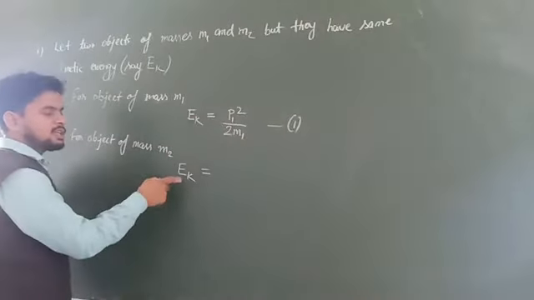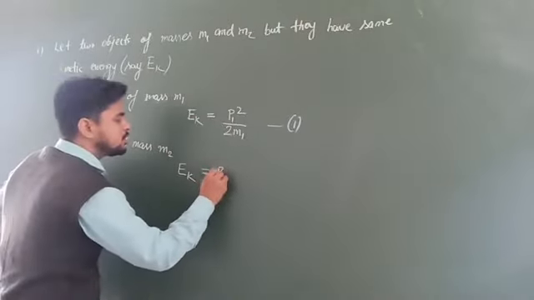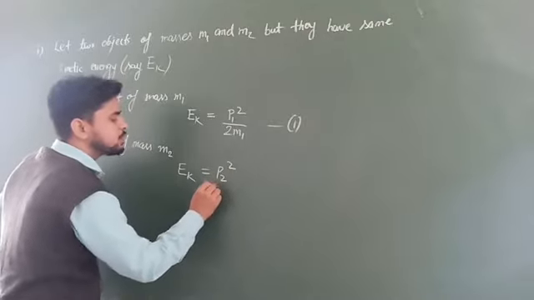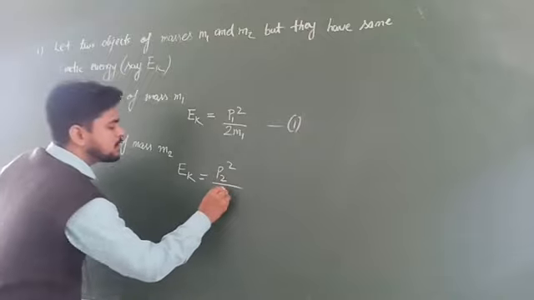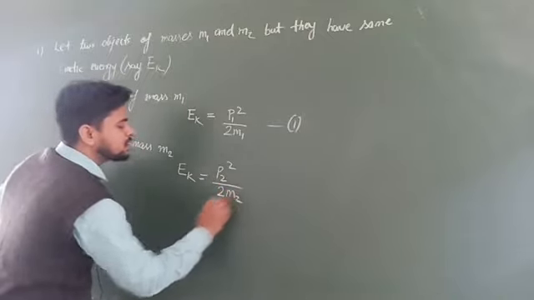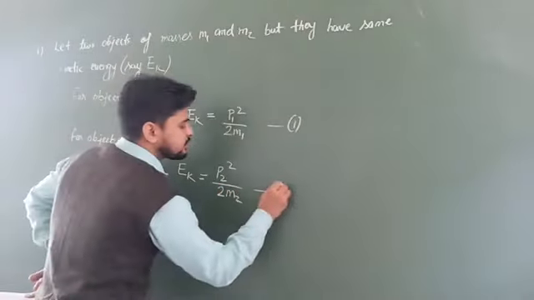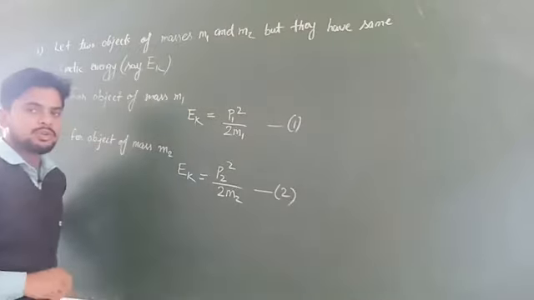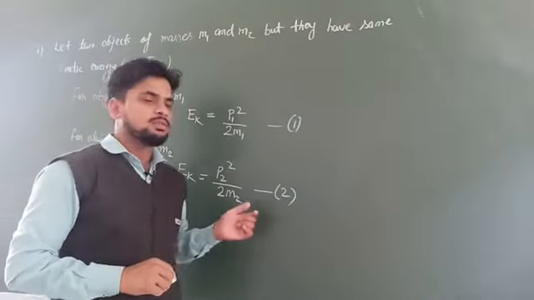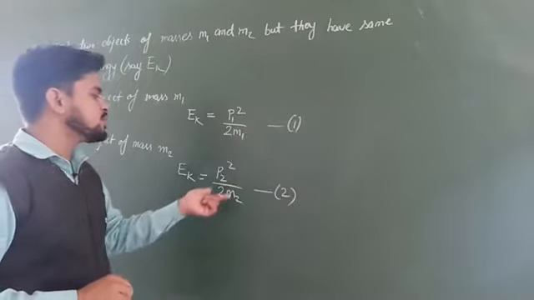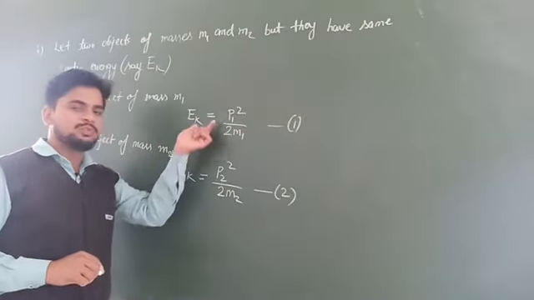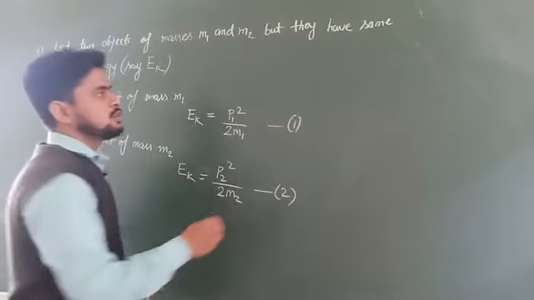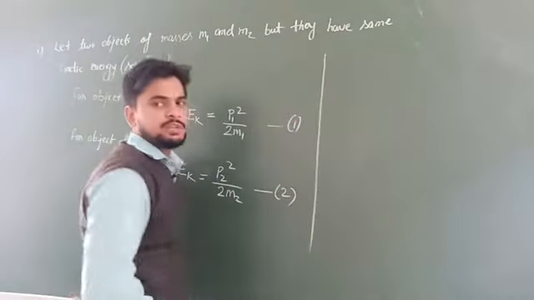So again we can write Ek equals p2 square, where p2 is the momentum of the second object, divided by 2 into the mass of the second object m2. Let us say this is equation number 2. Now again you can see that both equation 1 and equation 2 are equal to Ek, so we can equate these two equations.